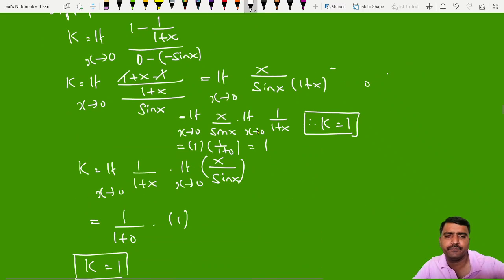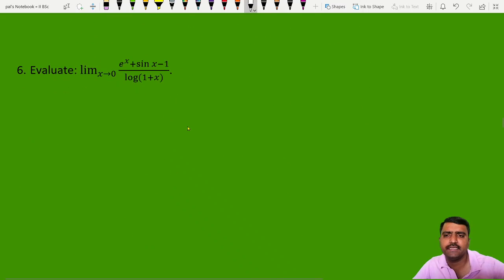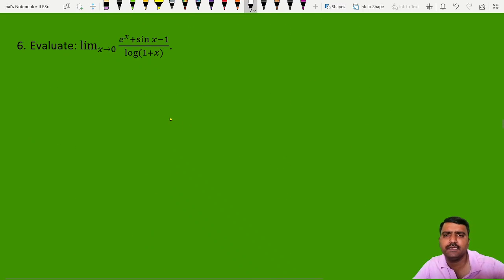Okay. So again, take one more example. Take the limit as x tends to 0 of e to the x plus sin x minus 1, divided by log of 1 plus x.